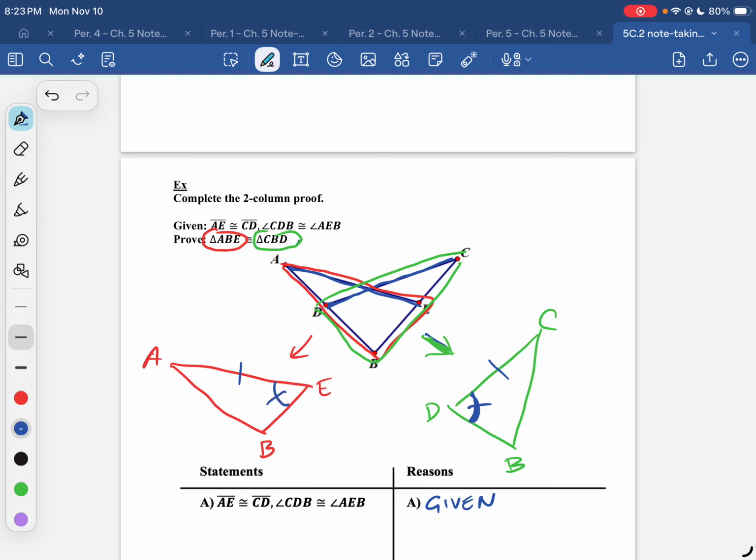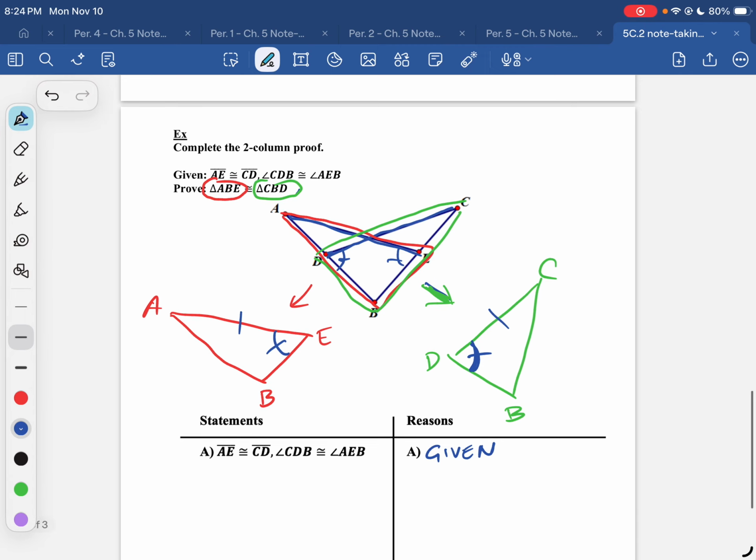Okay, the angles aren't so hard to put in the original picture. You could put that in, but it's a little more confusing looking at it. So with the separated ones, I can see, oh, I've already got a pair of sides and a pair of angles just from the given info. So I only need one more piece. Now with overlapping triangles like this, there's always going to be either a shared side or a shared angle.